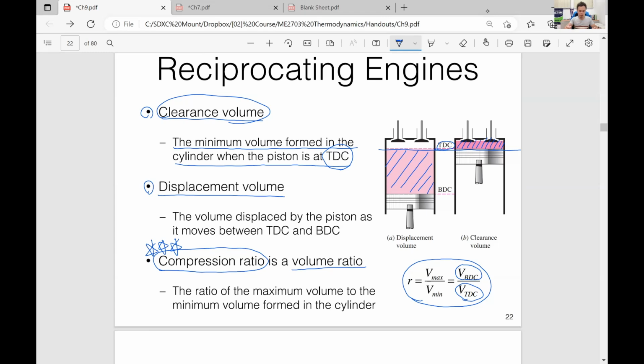We will be using this a lot. Compression ratio is the ratio of the maximum volume to the minimum volume formed in the cylinder.